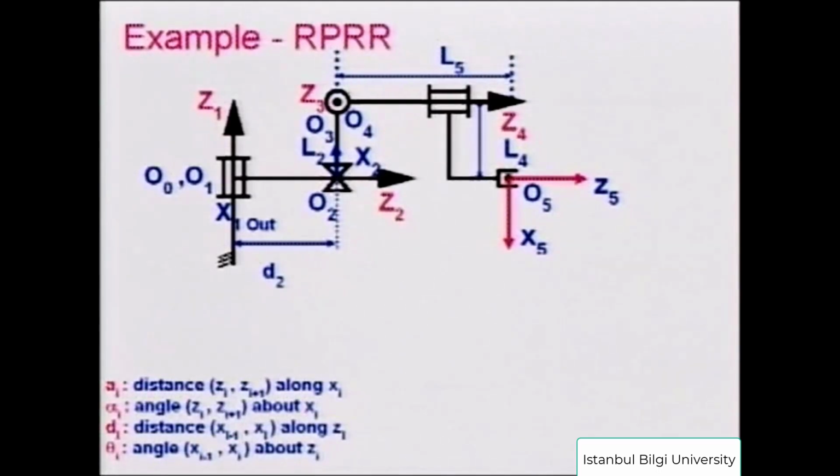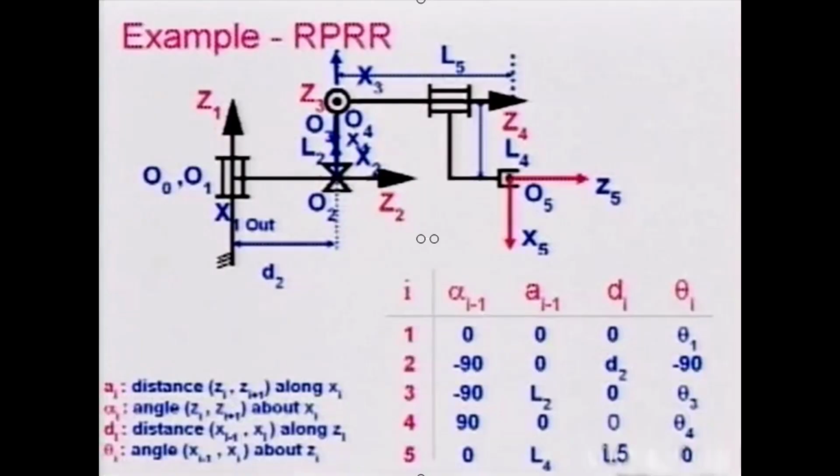In other words, it is perpendicular to the plane formed by Z3 and Z4, and we selected up. X4 is along the common normal between Z4 and Z5. Its direction is from O4 to O5, so the arrow will be downwards. So, now I am going to show you the table and we are going to see the parameters.